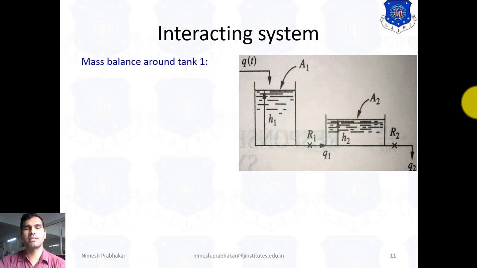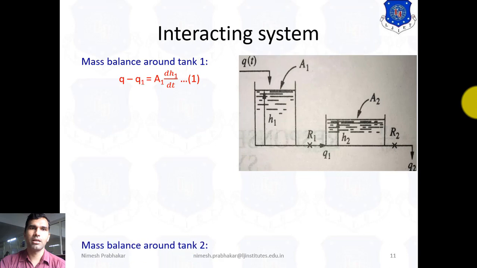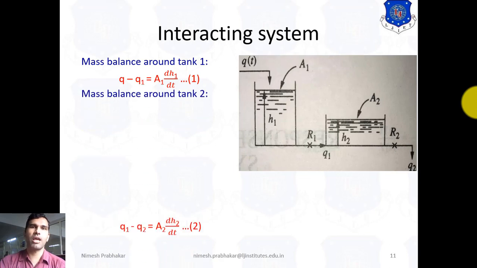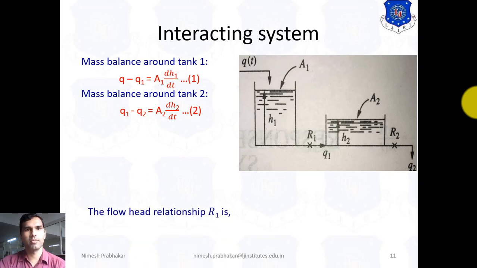Mass balance around tank 1, we can write Q minus Q1 is equal to A1 dH1 by dt. Now mass balance around tank 2, we can write Q1 minus Q2 is equal to A2 dH2 by dt.